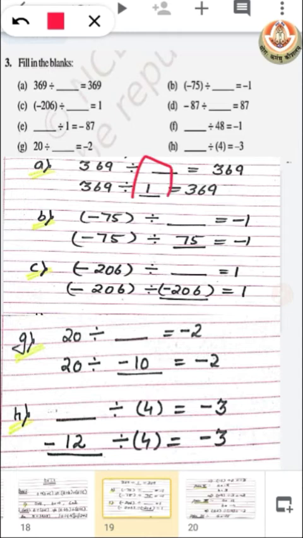B part, minus 75 will be divided by which number to get minus 1? Now we know that we have minus in the answer, so one of them should be negative. And it is given that 75 is negative.